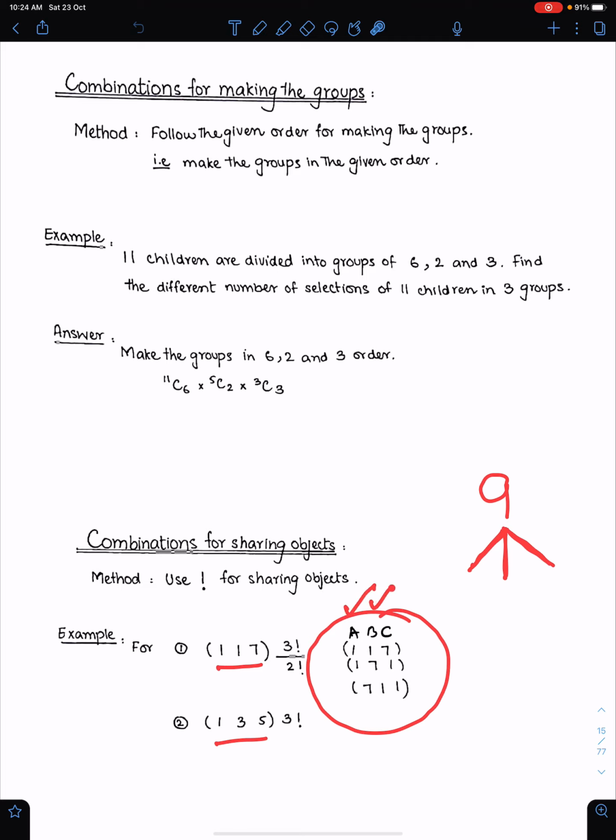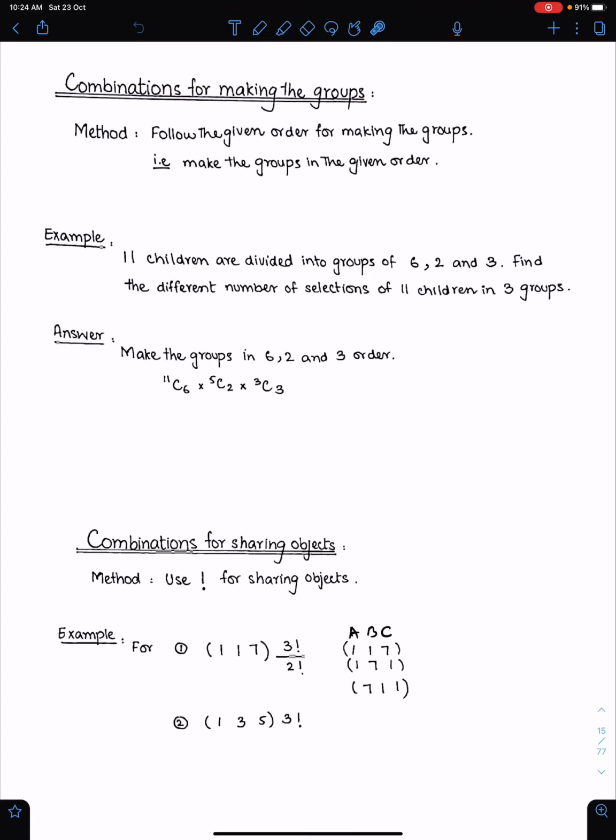Let's suppose these are 3 students A, B, C. So A will receive 1, B will receive 1 and C will receive 7, and this order is random. So we use factorial when we share objects. In 135, 3 factorial because all 3 are different. In 117, 2 are same, so 2 factorial is here.